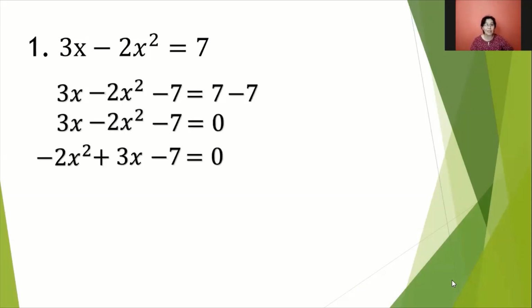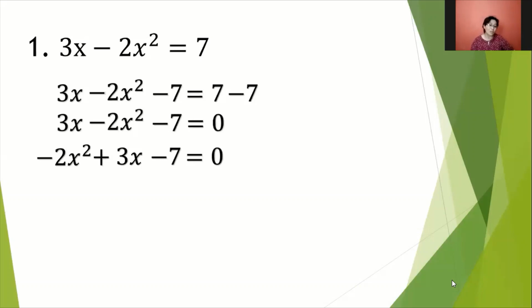It is just better if the sign of the quadratic term is positive. But in the quadratic function, there is no need to change the sign of the quadratic term because the sign of the quadratic term indicates the direction of the graph, whether it opens upward or downward. But since we are in the quadratic equation, as much as possible, you have to change the sign of the quadratic term. Okay?